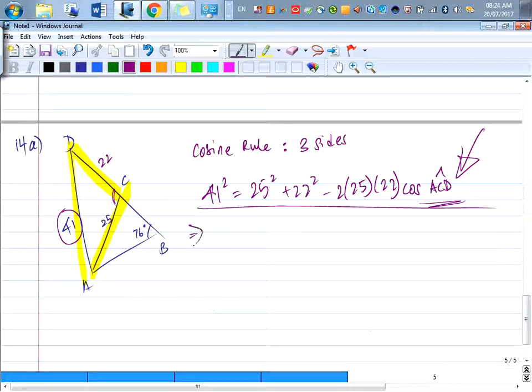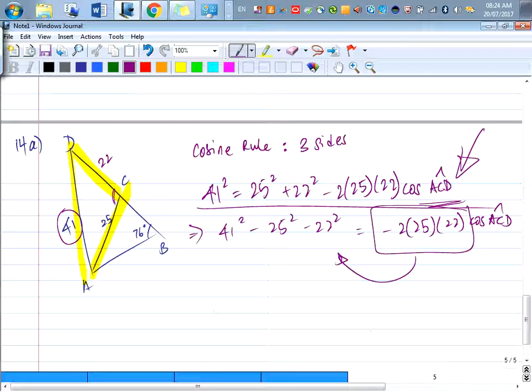My next step will be 41 square minus 25 square minus 22 square equals to negative 2 times 25 times 22 cosine ACD. Then I'm just going to divide both sides by this. That means I will get cosine ACD equals to 41 square minus 25 square minus 22 square over negative 2 times 25 times 22. You will see that it works out to be the same as if you had just memorized the formula.